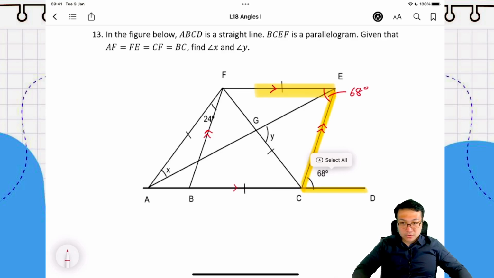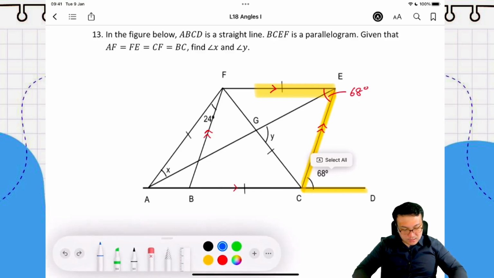Okay, why don't we try to find... They want us to find X, right? X equals... Where's X? Oh, hold on, I forgot to label this.